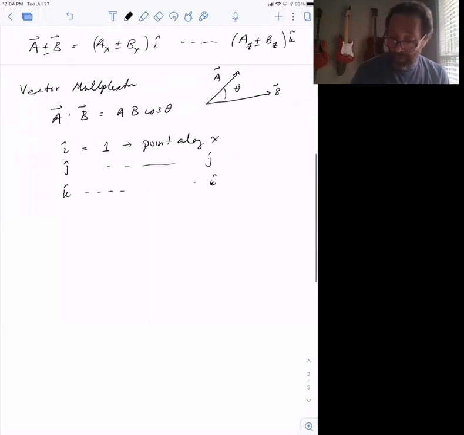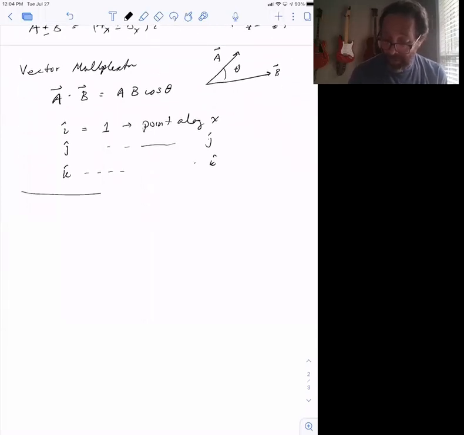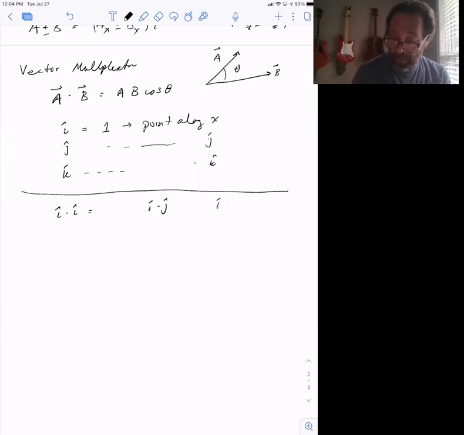If you've seen that video, you should be able to make sense of the following chart, because once we have the unit vectors fleshed out, everything else is easy. So let's have a look at i hat dot i hat.